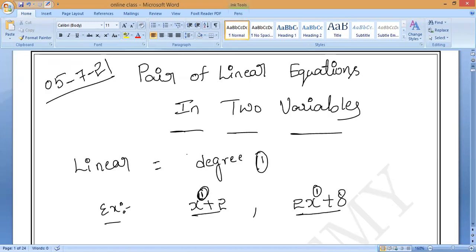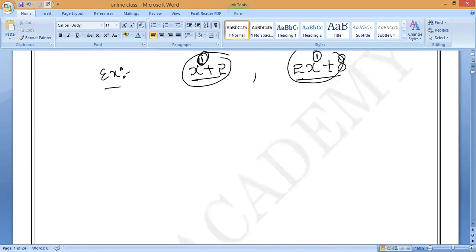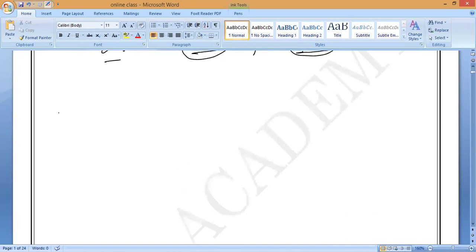See this name: pair of linear equations in two variables. These are the linear polynomials, but here we want linear equations. First, what is an equation?